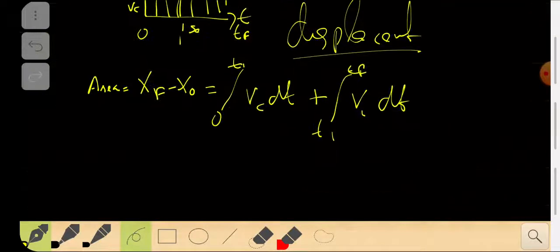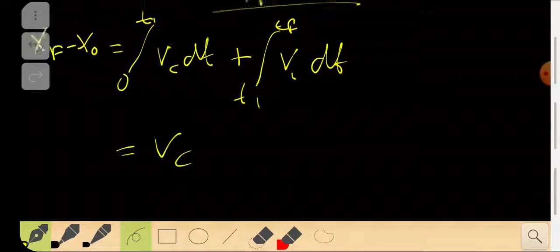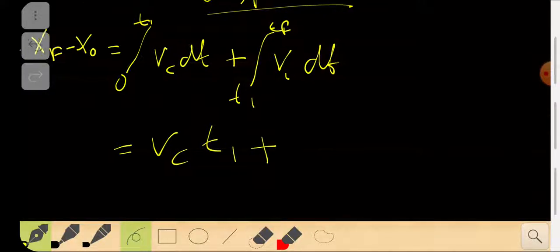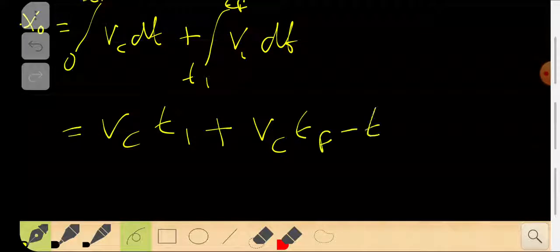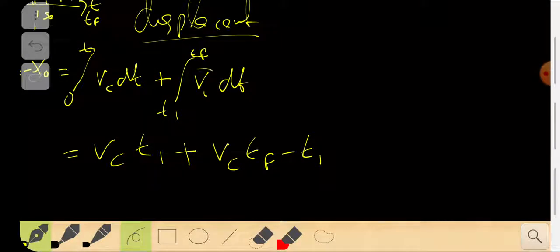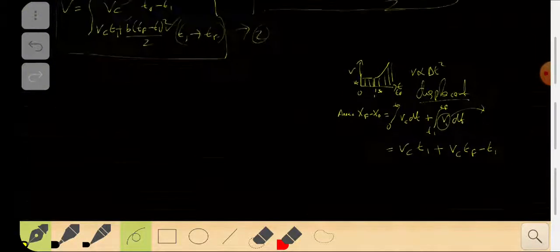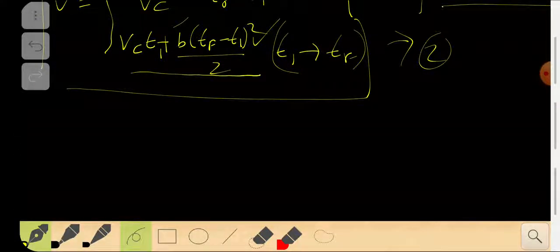So you can substitute that back into this equation and you get vc times the integral of dt, which will be t1 minus 0, that is t1, plus vc times t final minus t1, plus b times t final minus t1 the whole square by 2.